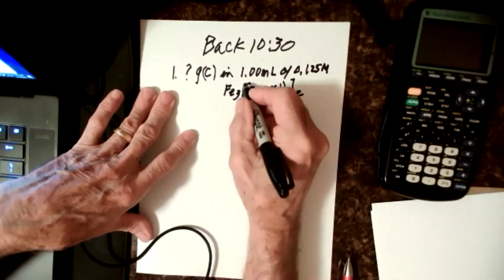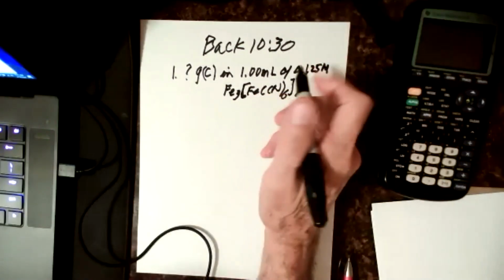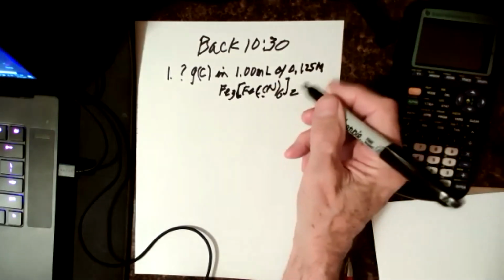Okay, so this is the compound that we're doing, and we want the amount of carbon. That's a parenthesis right there.